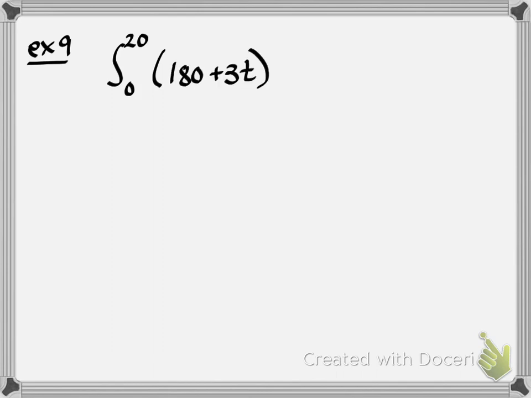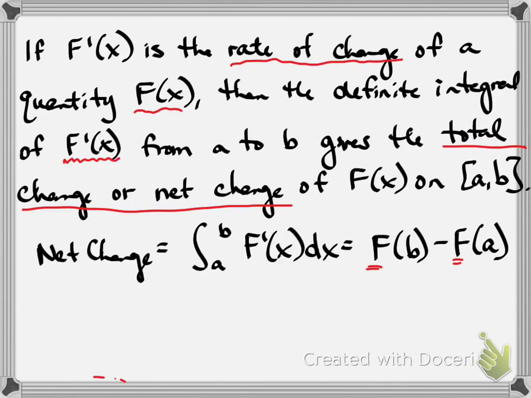So that accumulation idea is an integral. So what they're wanting us to do is to integrate the first 20 minutes. So from 0 to 20 minutes of this function that they gave us, this 180 plus 3t, we're integrating a rate. So that brings us to this idea of the net change function, where a rate is a derivative.